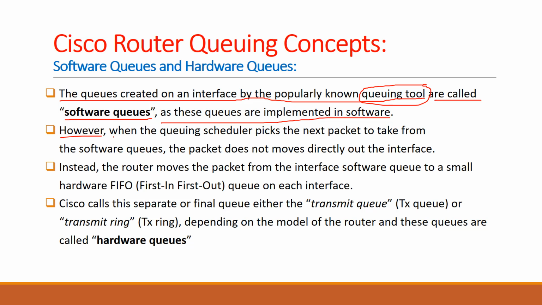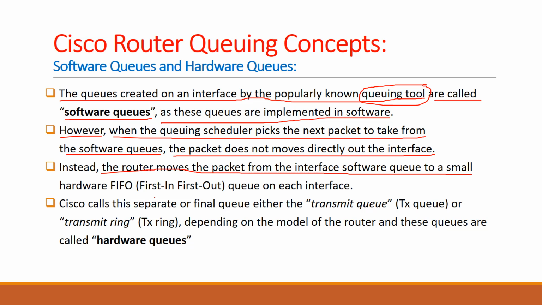However, when the queuing scheduler picks the next packet from the software queues, the packet does not move directly out the interface. So where does it go? The router moves the packet from the interface software queue to a small hardware first in first out queue on each interface. What does this mean?